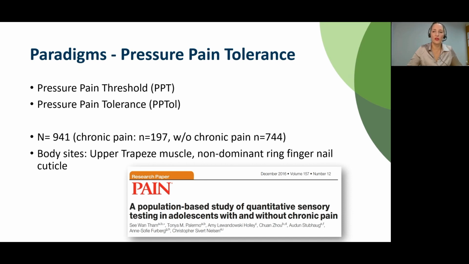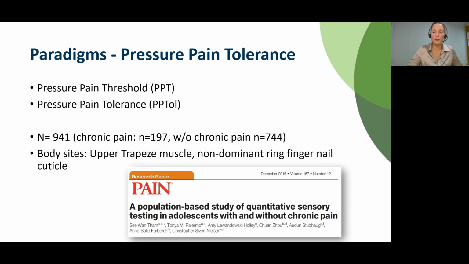And they tested on the cuticle and the upper trapezius. And what they found was that there were no differences between the chronic pain and no chronic pain groups on the cuticle, but there was a difference both in pressure pain threshold and pressure pain tolerance at the upper trapezius site. And they also found sex differences.